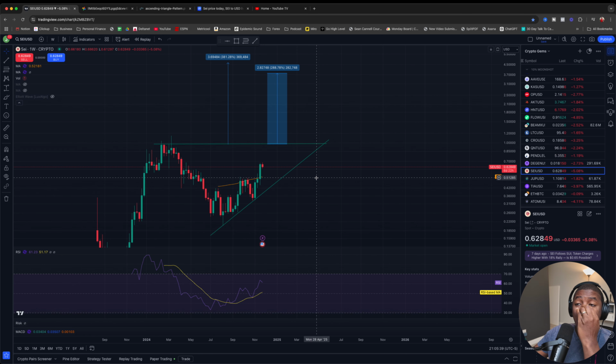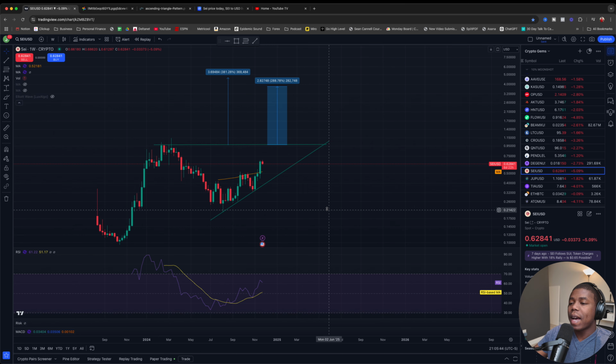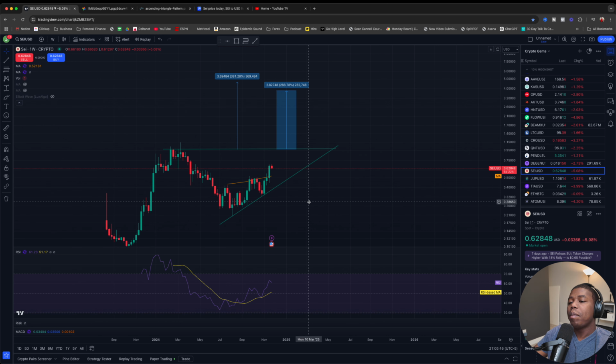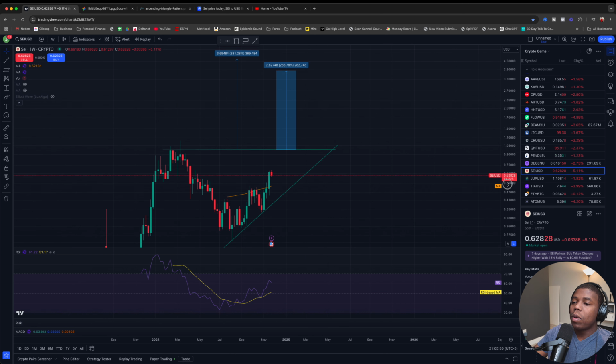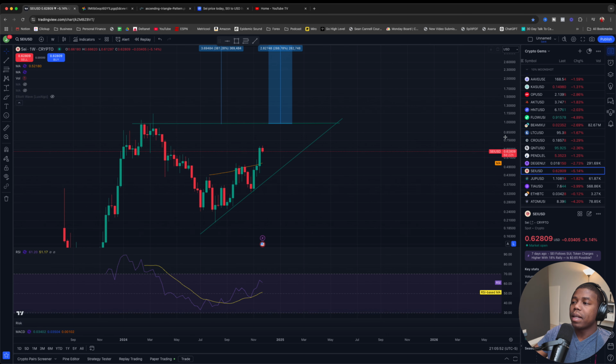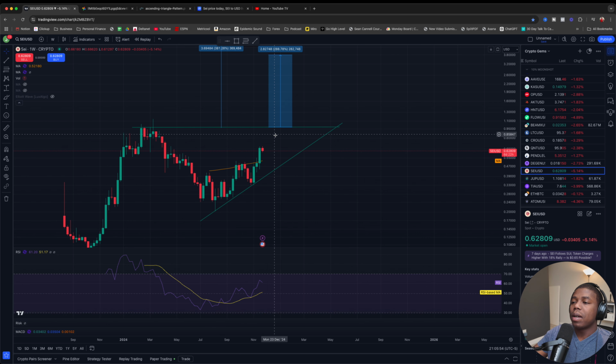So big question being, well, does that mean that I'm going to be buying in? In fact, I will not be buying in yet. I want to wait to see what happens once price comes near this resistance level, because it is possible that it breaks to the downside.